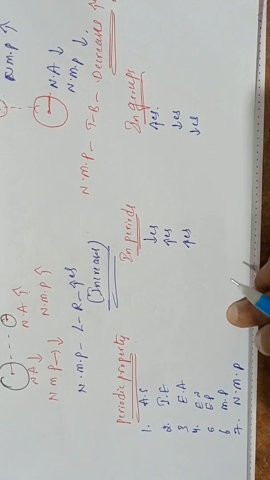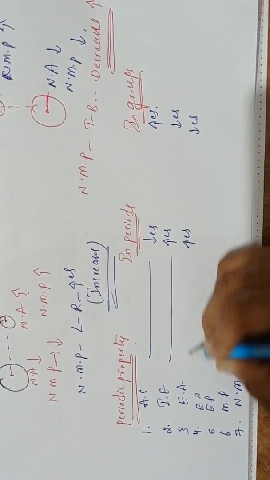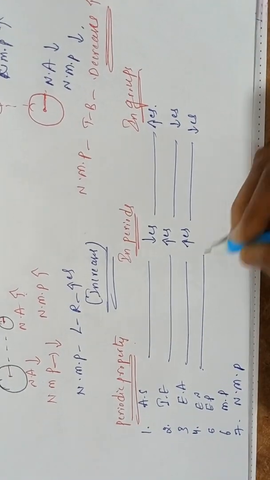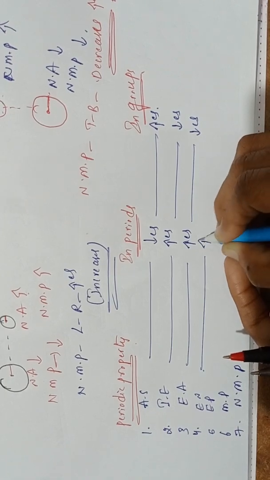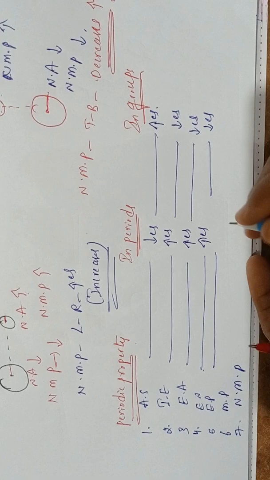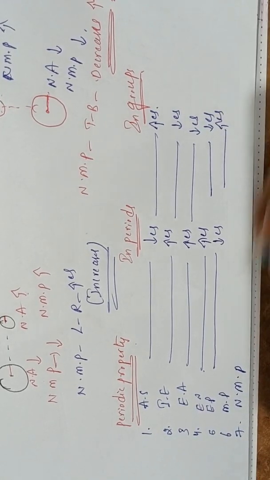All properties we discussed. So first, electronegativity: increases, here decreases. Electropositivity: decreases, here increases.